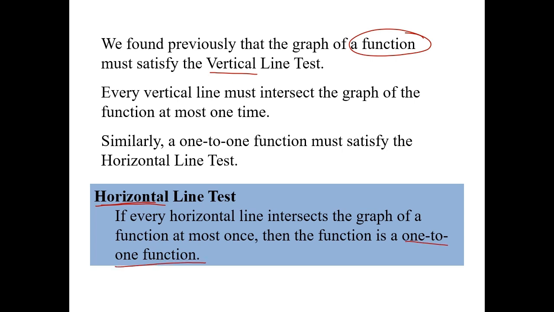So if it passes the vertical line test, it's a function. And if it also passes the horizontal line test, then it's a one-to-one function. In order to pass the horizontal line test, it cannot intersect the graph at more than one point at a time as we move that horizontal line up and down.